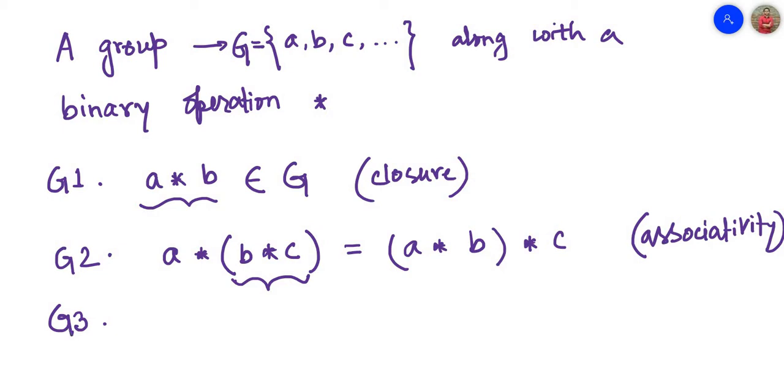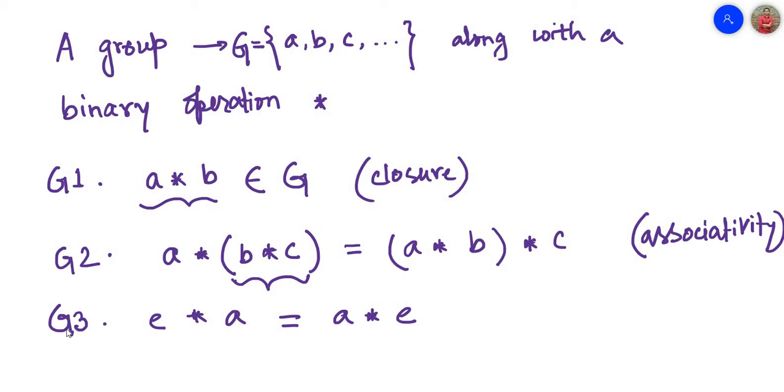Our third axiom involves the postulation of an identity element. So that means in all groups we have an identity element, let's just denote it by E, which when combined with some other member of this set G will be the same as creating the product in the reverse order. This reversal of order is only applicable for this particular element, not for elements in general, and we'll talk about that in a bit.